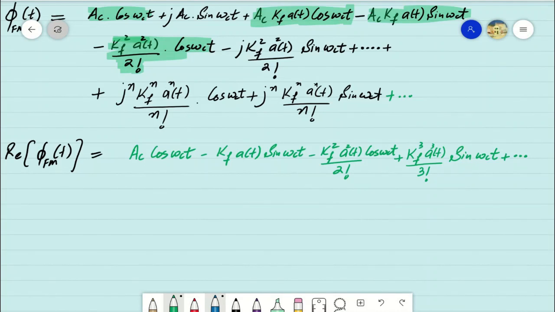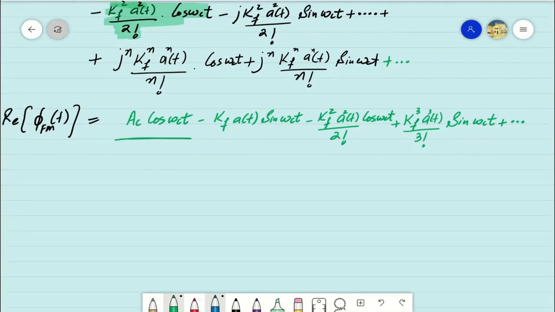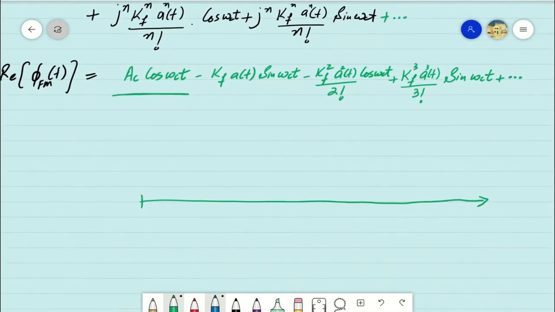If we only consider the real terms, we can write it in simplified form as: by carefully analyzing this expression, we can conduct analysis for the bandwidth of frequency modulated signals. The first part of this equation is a pure sinusoid wave which has no representation of the information signal. Therefore, if we plot the frequency domain plot, the first part represents an impulse at the frequency omega c, as the first part is a sinusoid wave.